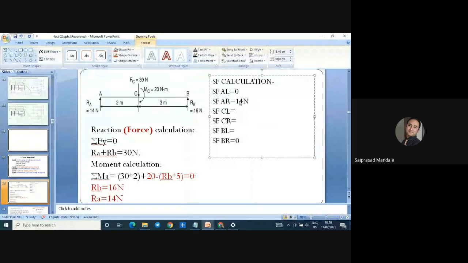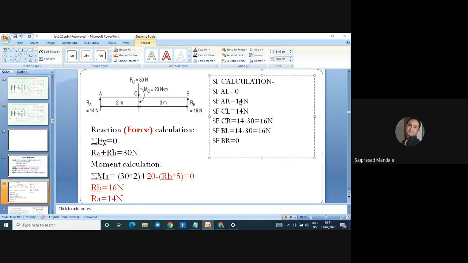Then over here, left of C, tell me, Divya. 14 Newton, very good. Then for right of C, 14 minus 30, very good. So it is minus 16. Left of B is again minus 16 Newton.